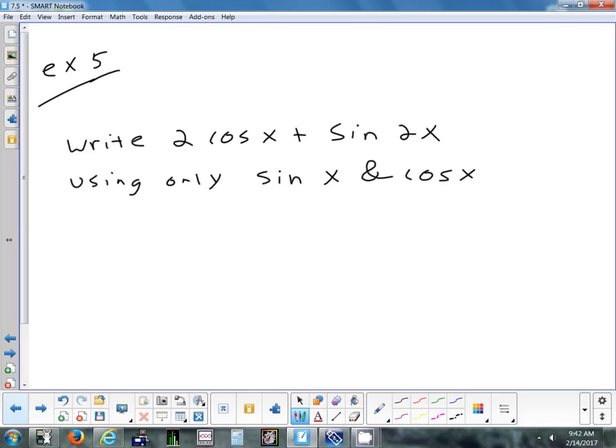Okay, so let's look at the first term. Is there a 2 next to the x in the first term? No. This already is in terms of cosine. There's a 2 in front, I don't care about that. I only want there to be 1s in front of the x's. Okay, so the first term can stay the same.